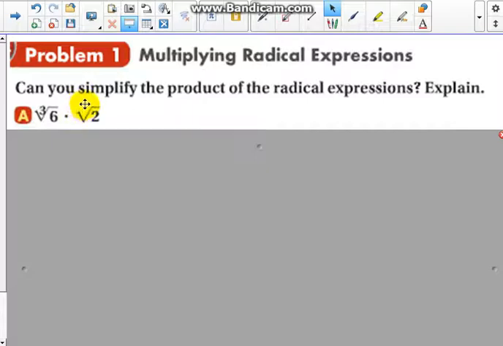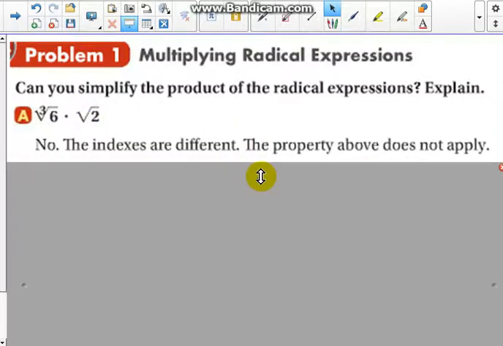If there's no index there, it's assumed to be 2. So 3 and 2 are not the same index, so you cannot multiply those together. The answer is no, the indexes are different. The property on the previous page does not apply because the indexes are different.